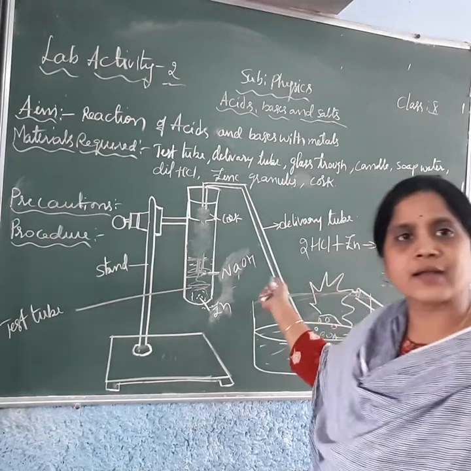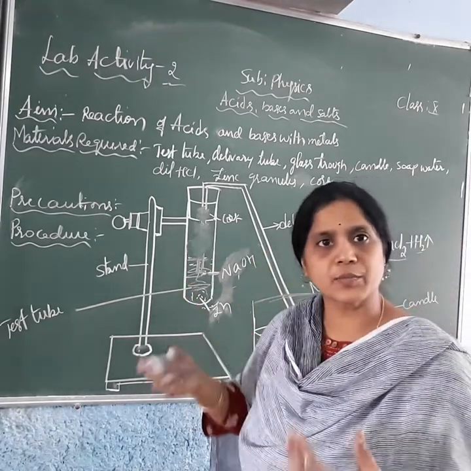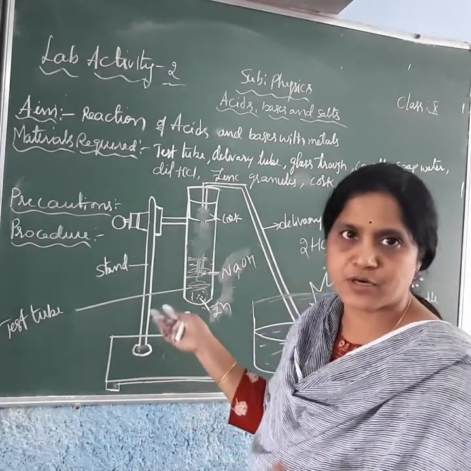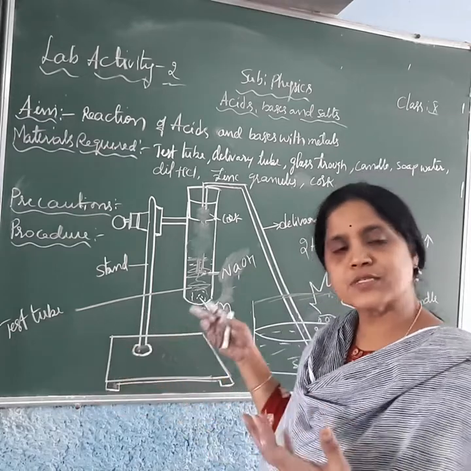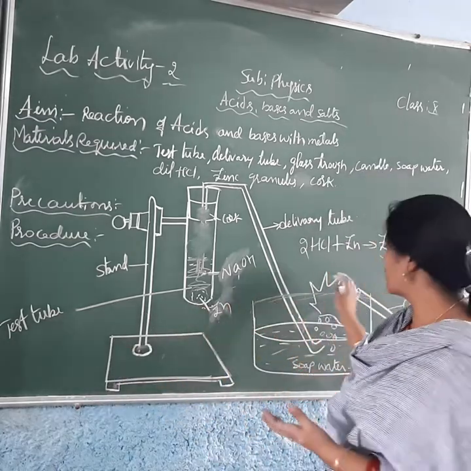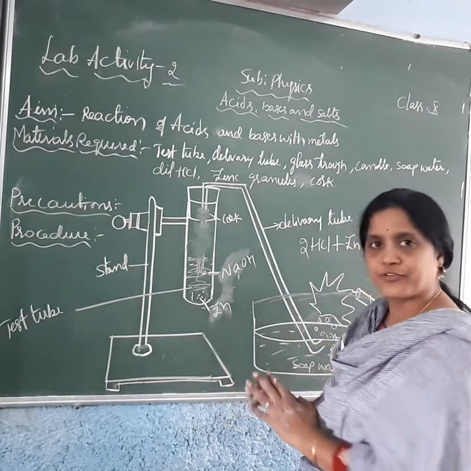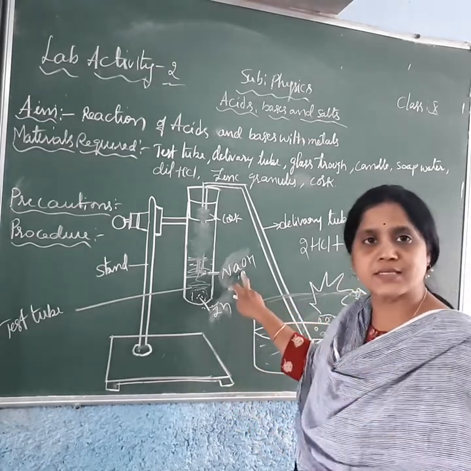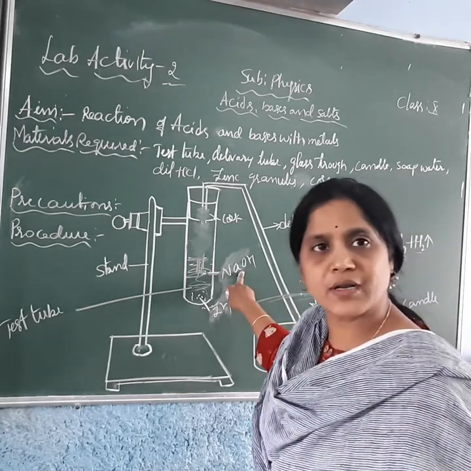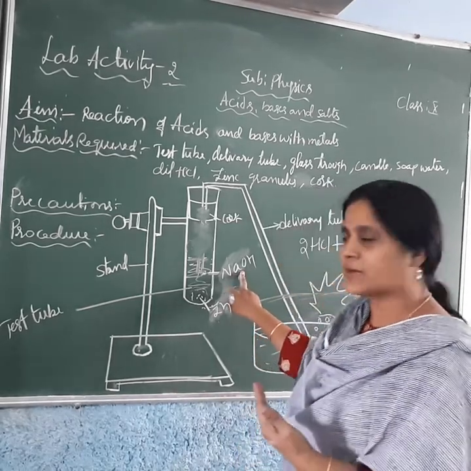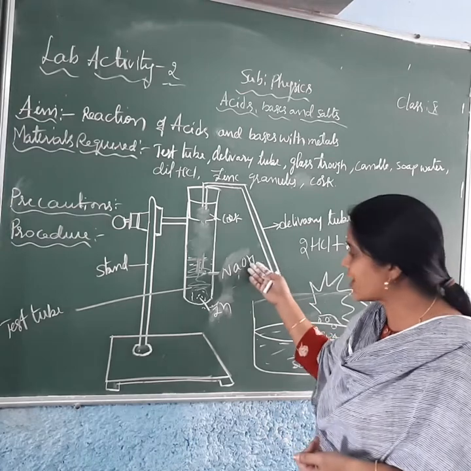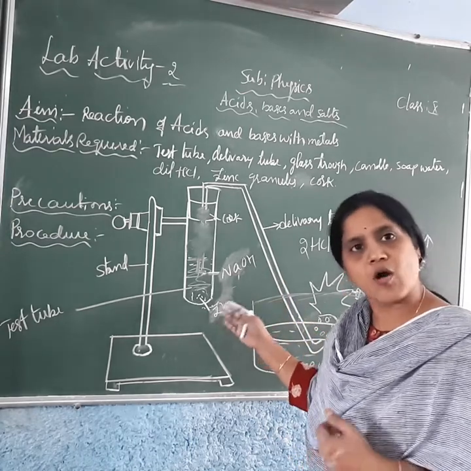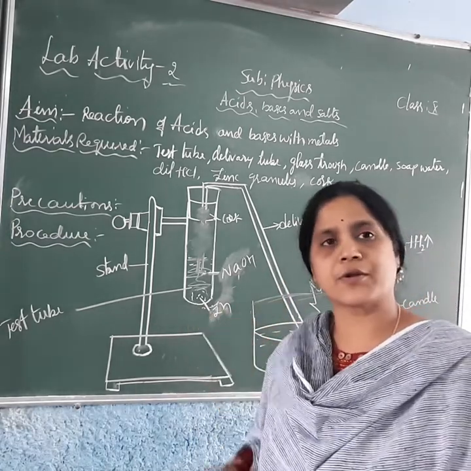Bring the burning candle near the bubbles. The bubbles make a pop sound and put off the flame. So you can observe that sodium hydroxide, a base, when it reacts with metals, liberates hydrogen gas.